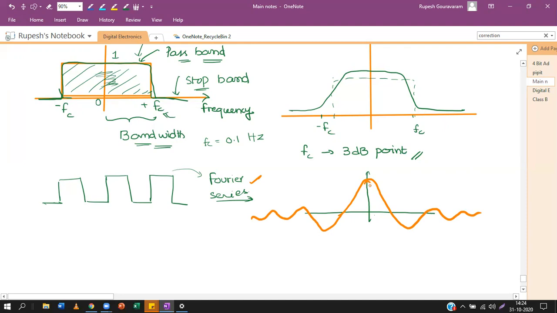In this, there will be many frequencies. So one frequency will be, so this first frequency is 0. This will be Fs. Next, 2Fs will be there. Second frequency. This is 3Fs. I think it's not visible properly.